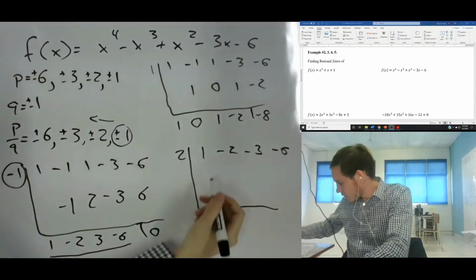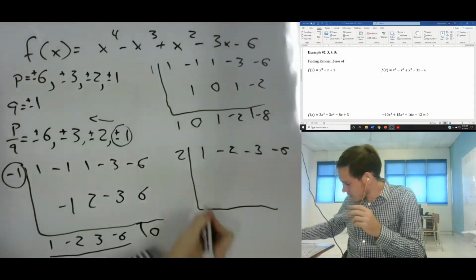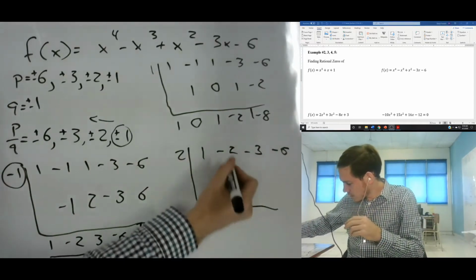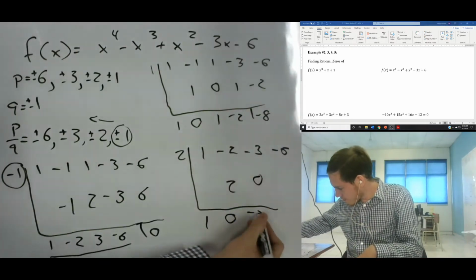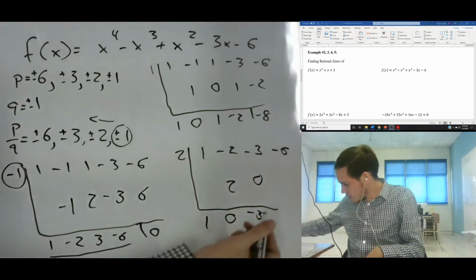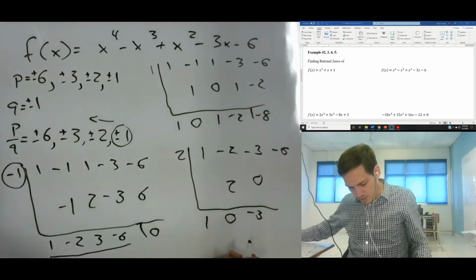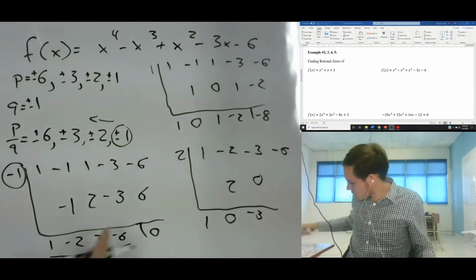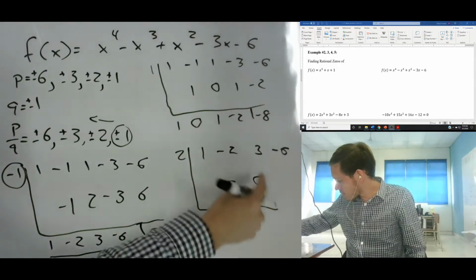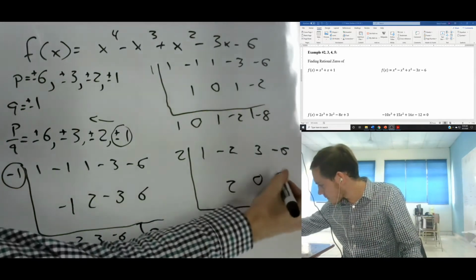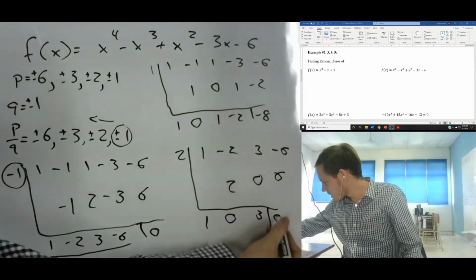Okay, let's go. So we add 1 down, times 2, 2, so 0, so 0, 3 is -3, add plus 2 is going to give us, oh sorry, this should be positive 3, that was my mistake. So that's 3, 3 times 2 is 6, 6 plus -6 is 0.